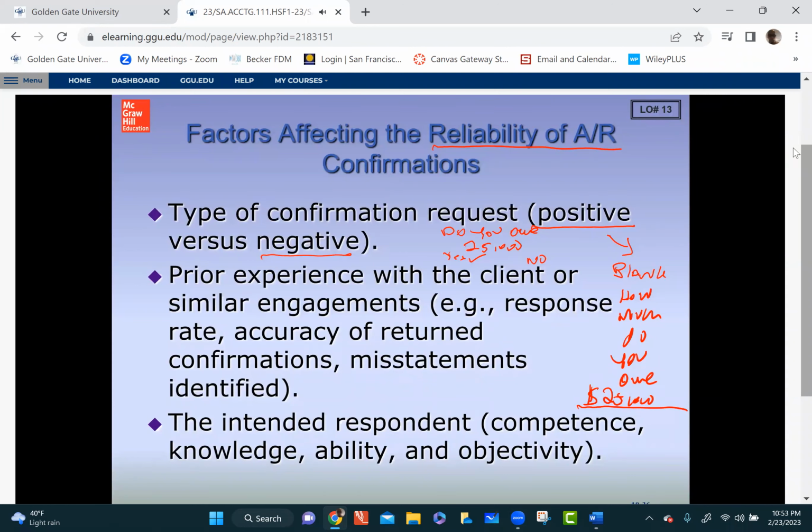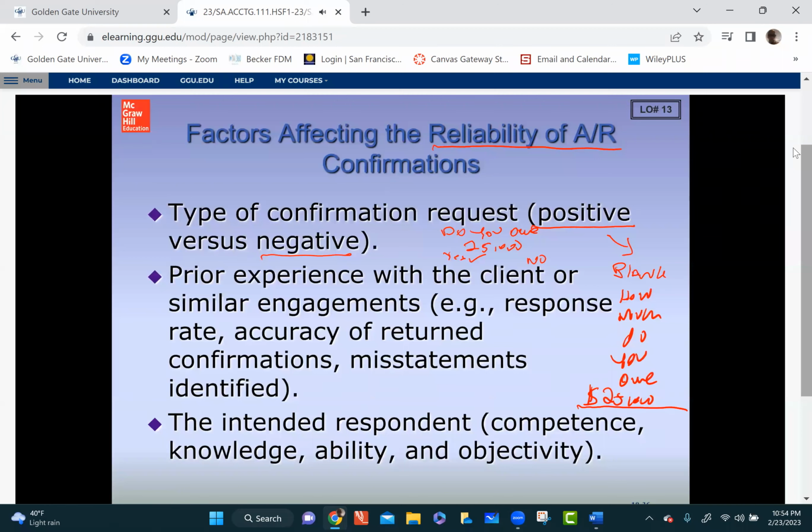So when would you use positive? When would you use blank positive? Would you use blank positive if you have some other evidence that it may not be the correct balance, and then you'd use positive if you think it would, but you still need the evidence?